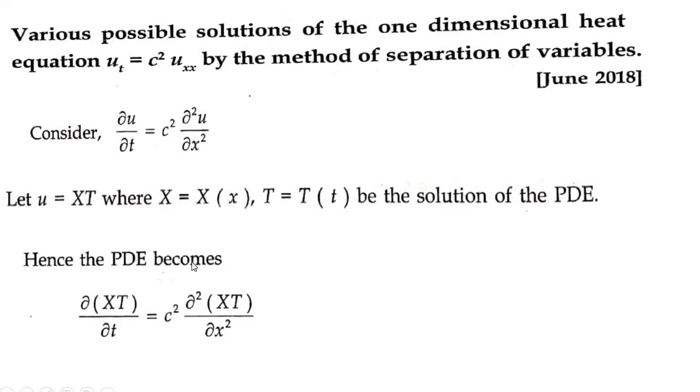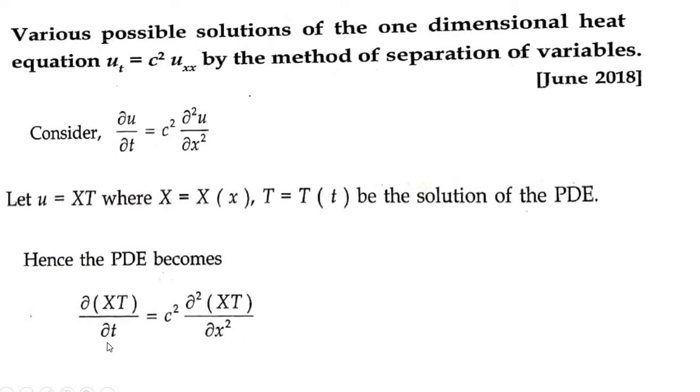Hence the partial differential equation becomes, substituting u in the LHS as well as in the RHS as XT: ∂(XT)/∂t = c² ∂²(XT)/∂x². Wherever you have u, just replace it with XT.